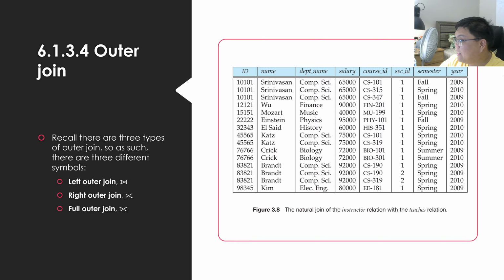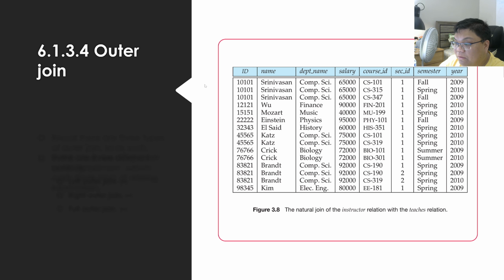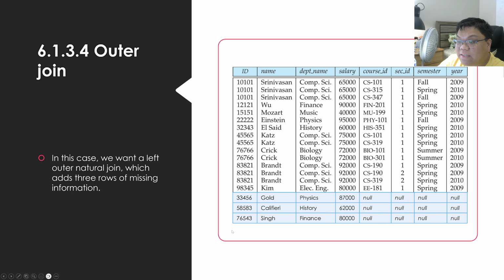If we did instead an outer join, we would get this table instead. So just by looking at this, we can deduce that an outer join is going to be the natural join and the union of this table of missing information.